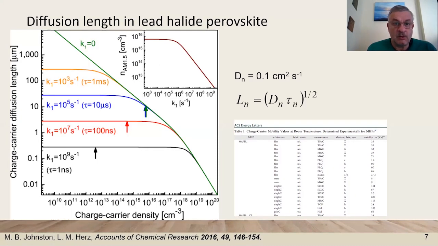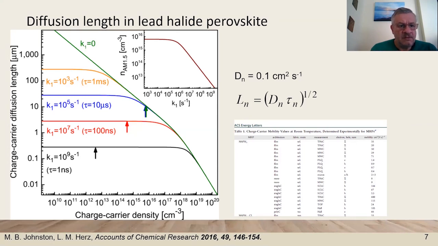This is a quantification of the diffusion length for electrons in lead halide perovskite with a diffusion coefficient of 0.1 cm² s⁻¹. And the diffusion length will depend on the electron lifetime. At moderate charge densities, the lifetime can be considered constant.